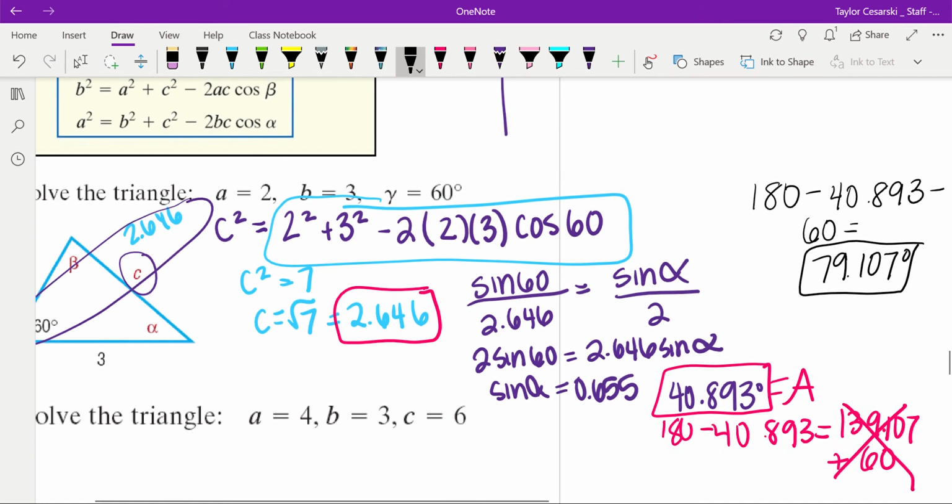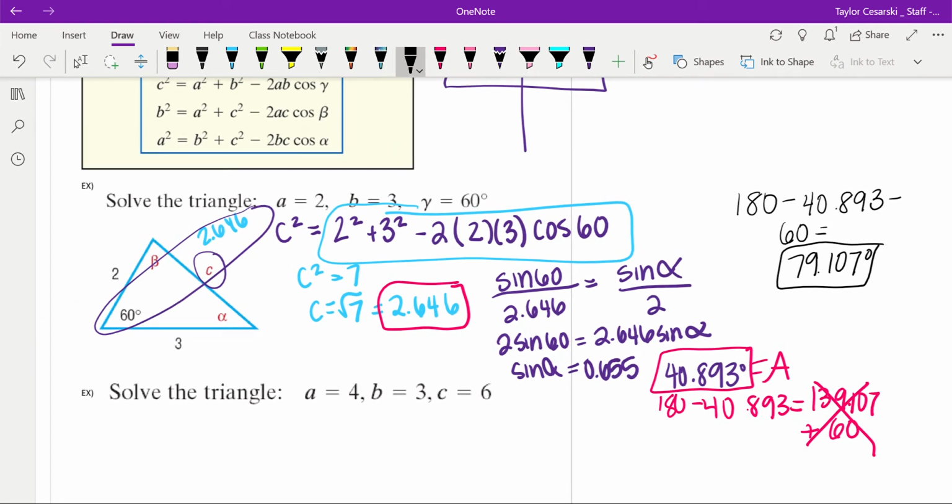So that is that one. And so if you check that one, the 2 is across from A. A was 40 degrees, that's the smallest. Then C is the second smallest, which is 60 degrees, and then B is the biggest, which is 79 degrees.